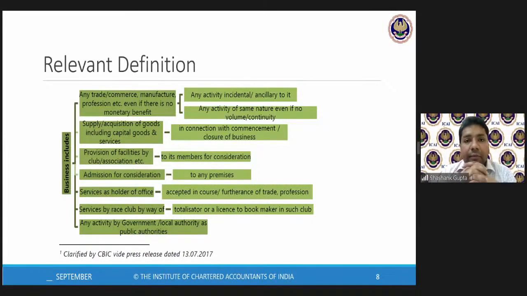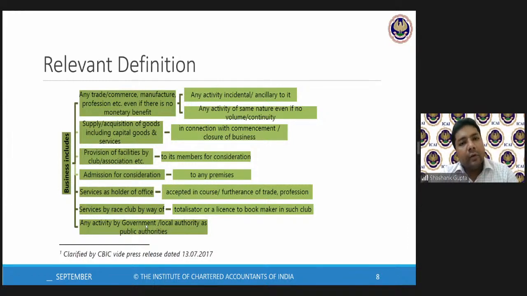Someone was saying that when government is doing work, it wouldn't be covered in the course of furtherance of business, because that's the government's job. So for that gentleman and for everyone in the audience, can you read this? Business includes any activity by government or local authority.